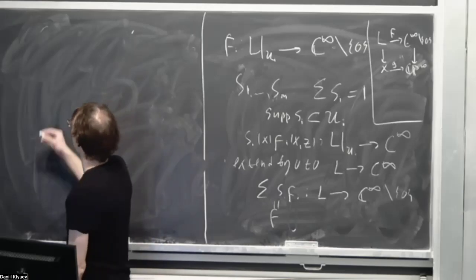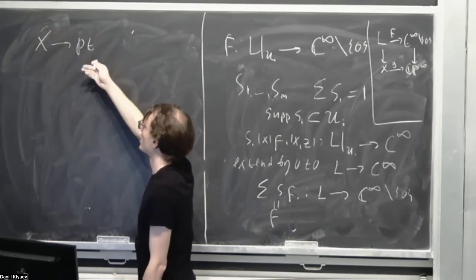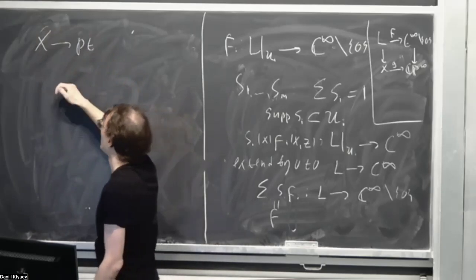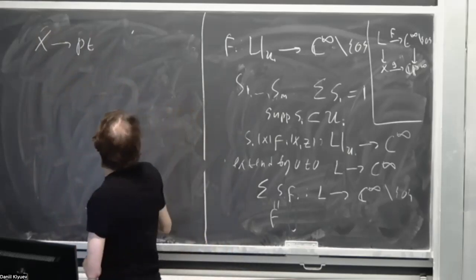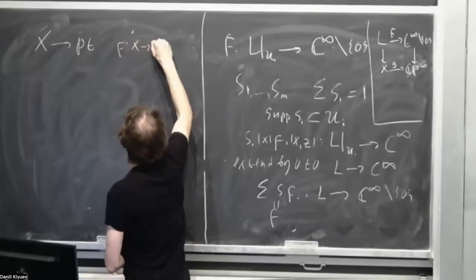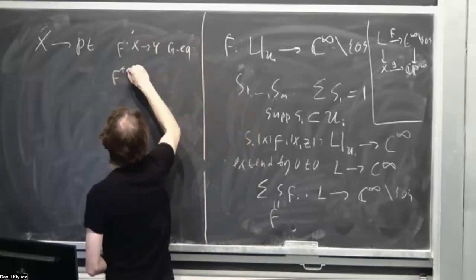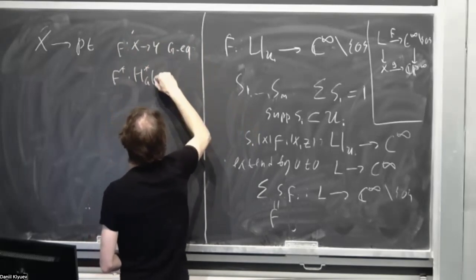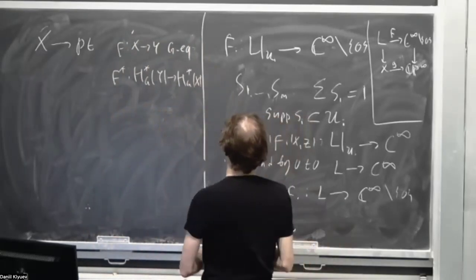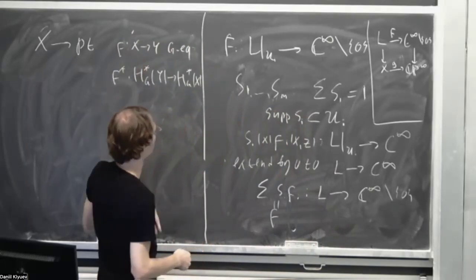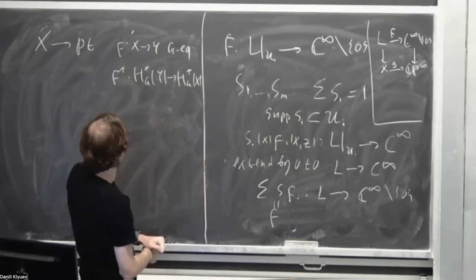The reason is that you can send every space to a point G-equivariantly, with trivial action there, and there is functoriality: if you have f from X to Y that is G-equivariant, then you have a pullback on equivariant homology, which comes just from multiplying f by EG, this contractible space.